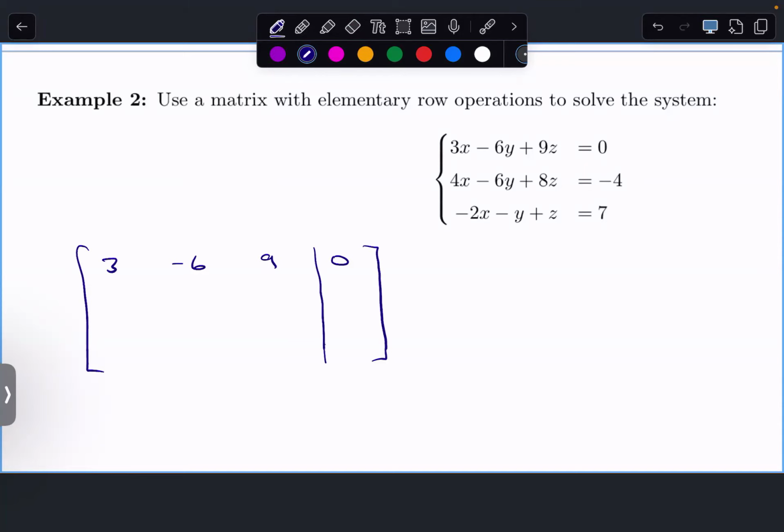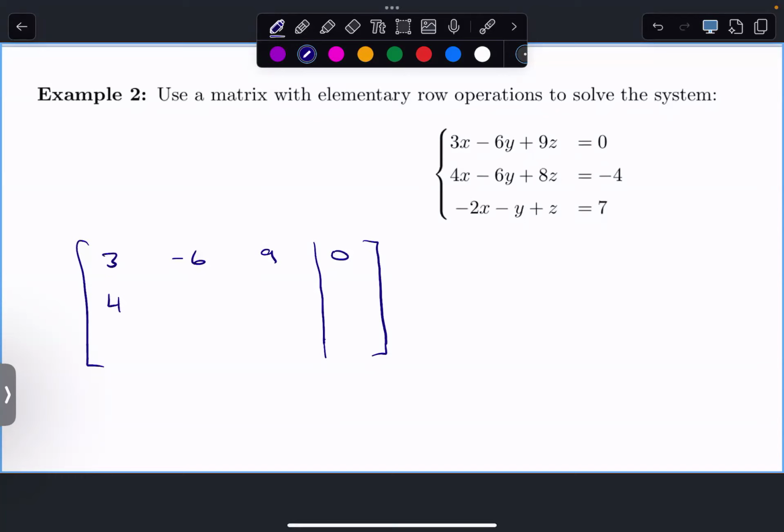So that vertical bar just separates the solution, just so you don't accidentally turn it into a 1 and try to pivot around it. Right. 4, -6, 8, -4. You want to be really careful with your positives and negatives because they'll make a huge difference. -2, -1, 1, and 7.